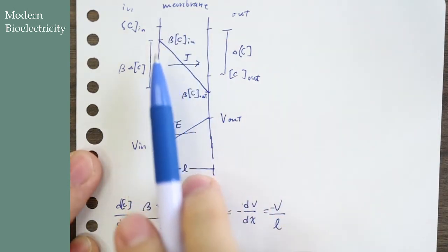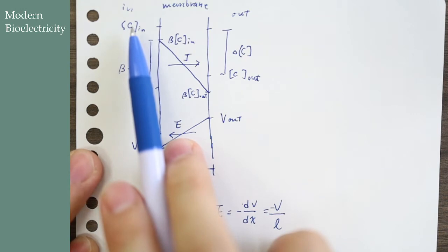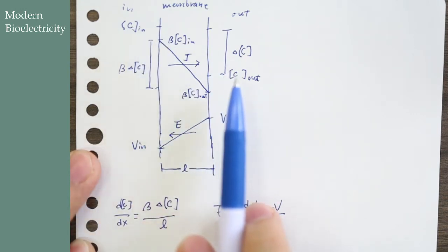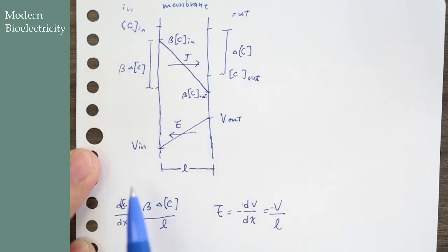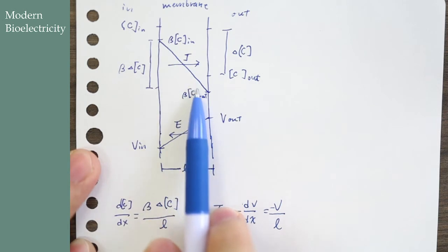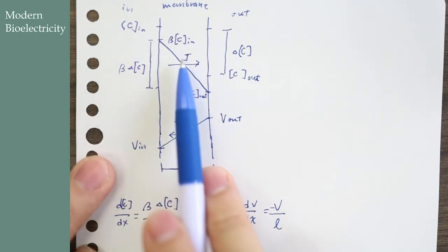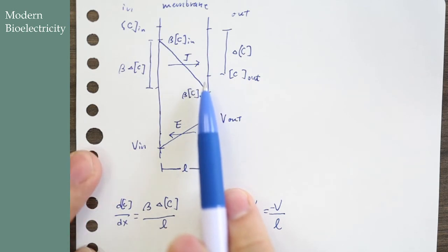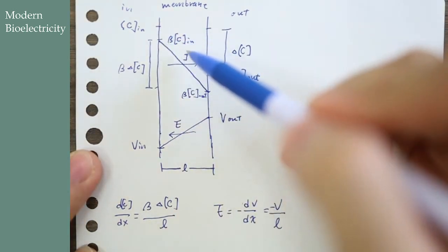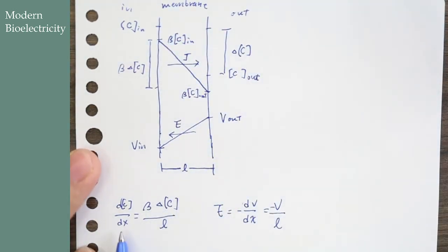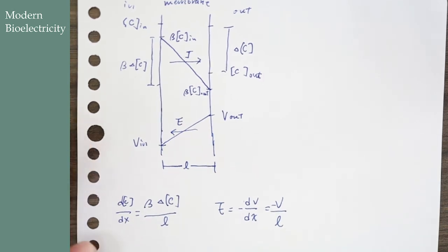So the diffusion of this ion concentration, the difference of this ion concentration, dc dx is equal to this, because we assume that this gradually decreases in a constant slope, right? It's not like a very weird shape. So we have dc dx is equal to beta delta C divided by L. Okay.